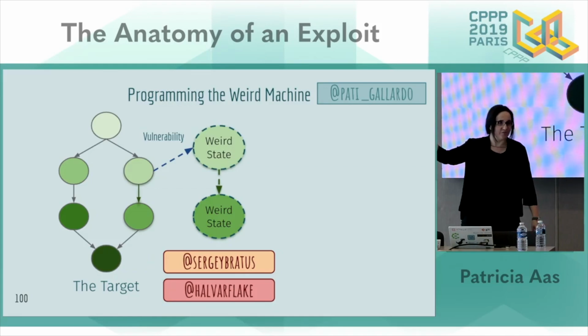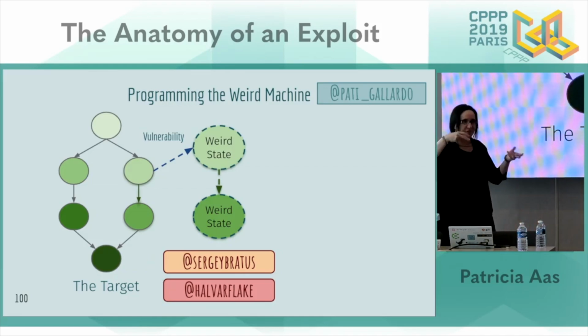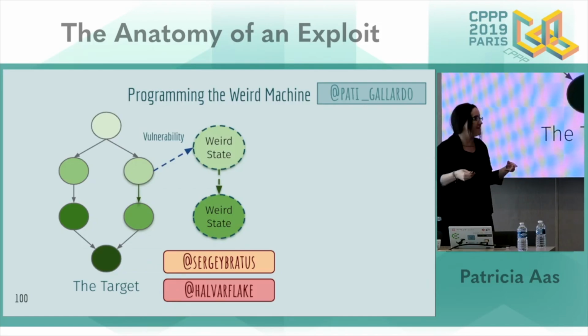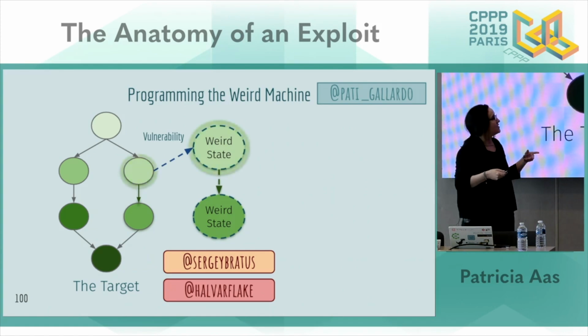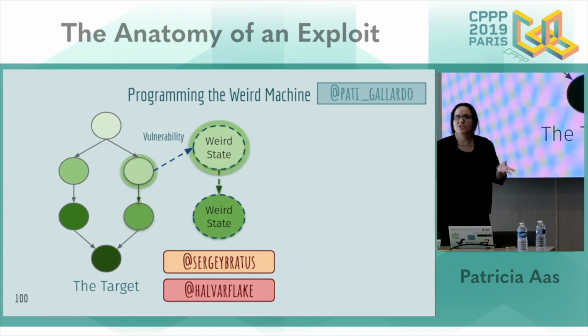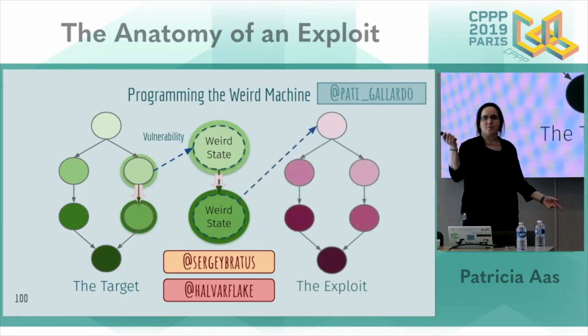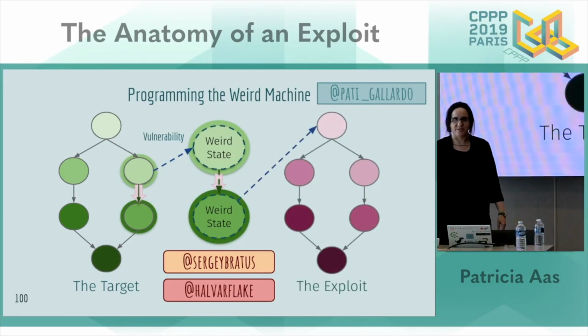Then you could have an arbitrary read, where you are able to feed some kind of information to make it possible for you to read information, and things like that. And so these become like functions that you implement by trying to stabilize and control weird states. And then hopefully in the end be able to execute the code that you actually wanted to run.